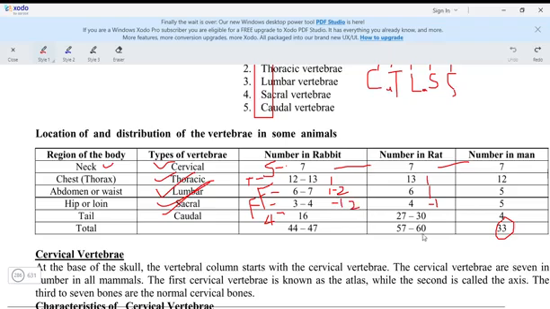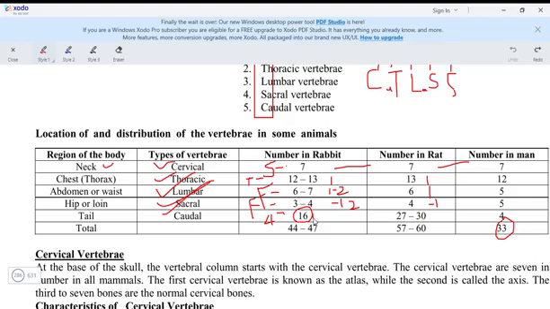Then caudal: for human we said is 4, but for rats they have 27 to 30 because they have a long tail. For rabbits, theirs is 16, meaning they have like 12 extra.